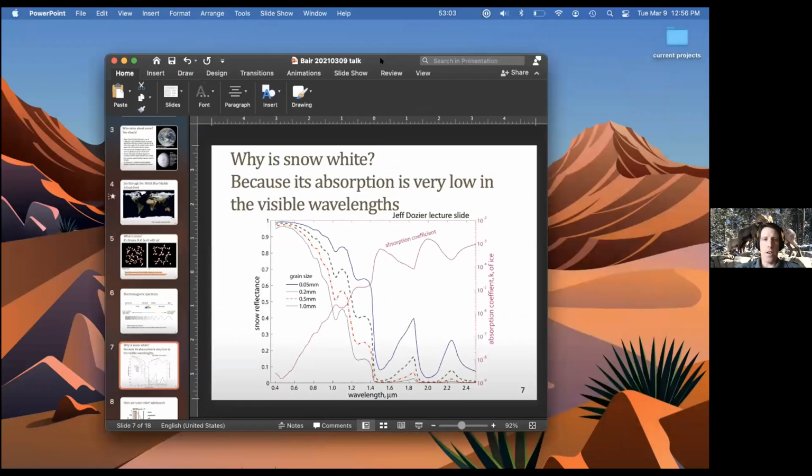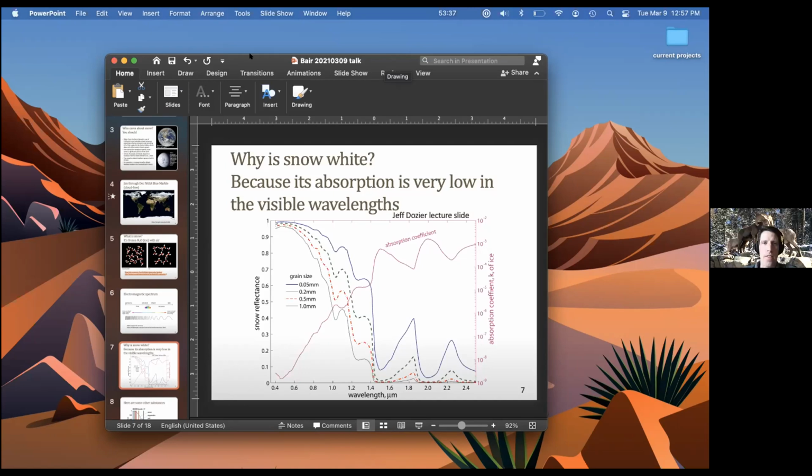Yes. I think so. The absorption coefficient K, the magenta curve. There's a complex refractive index of ice that has a real and an imaginary component to it, and that absorption coefficient is the imaginary component.